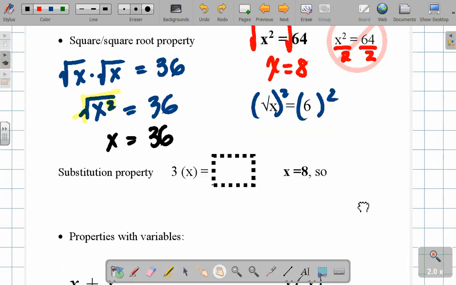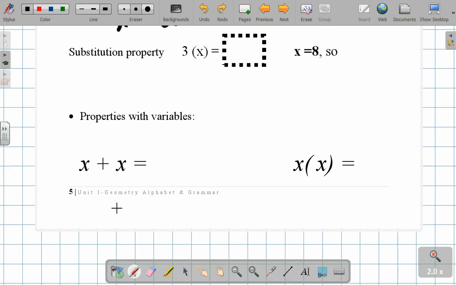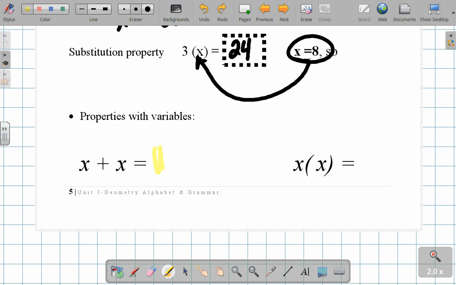All right, substitution property, guys. This is the real hard one right here. If I have 3 times x and I define my x as that circle, substitute. What's going on with these? Ask yourself.